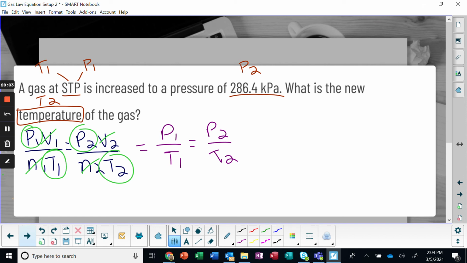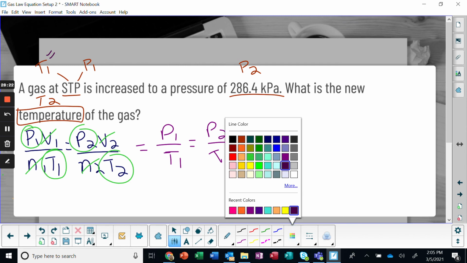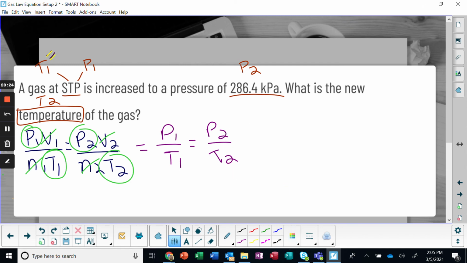So a gas at standard temperature and pressure is increased to a pressure of 286.4 kilopascals. What is the new temperature of the gas? Well, remember, standard temperature is equal to 0 degrees Celsius plus 273.